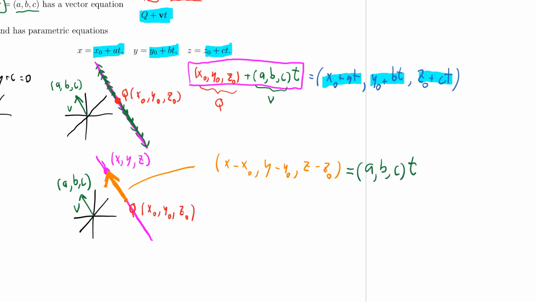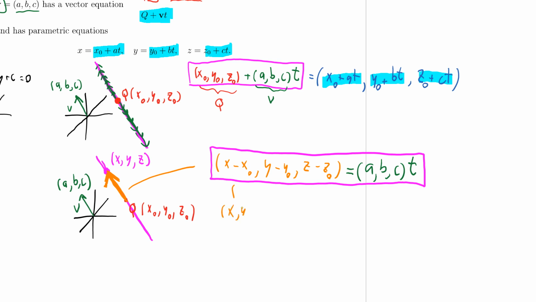It's just (a, b, c) times some constant t. So this is also another way that I can think of the line that we have. If I were to simplify it, my left hand side is the same as (x, y, z) minus (x0, y0, z0), which equals (a, b, c) times t.